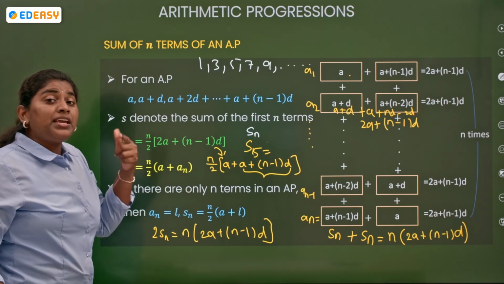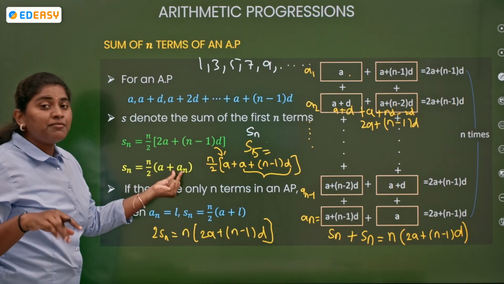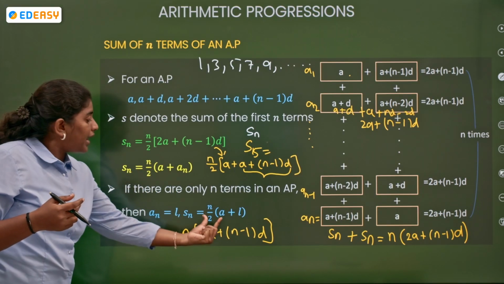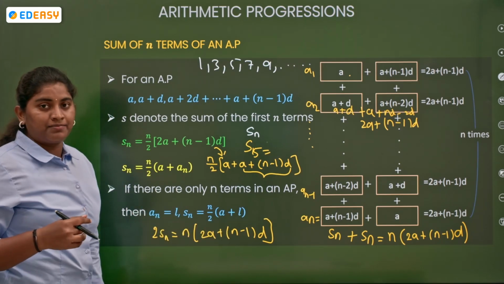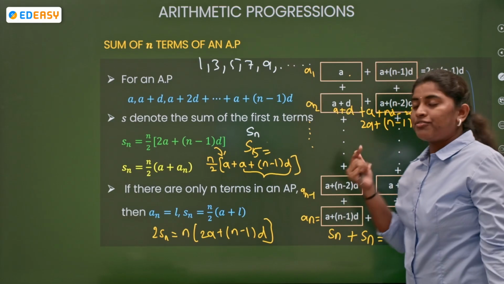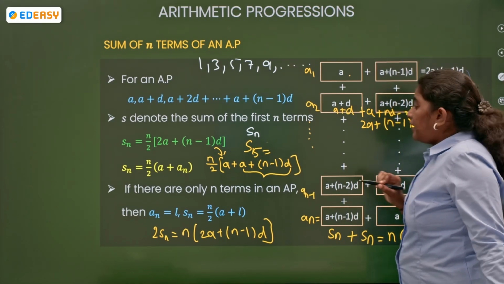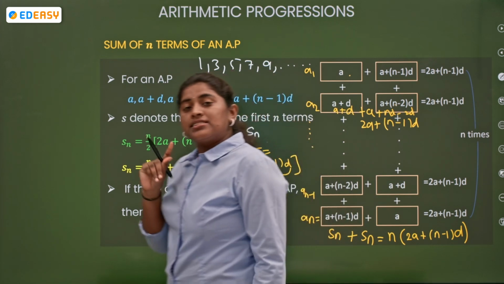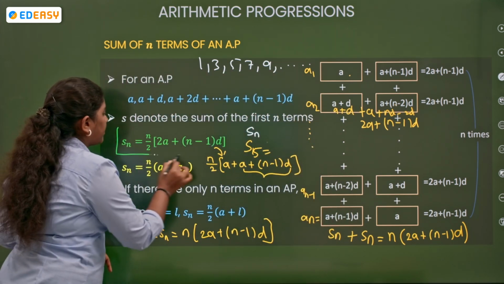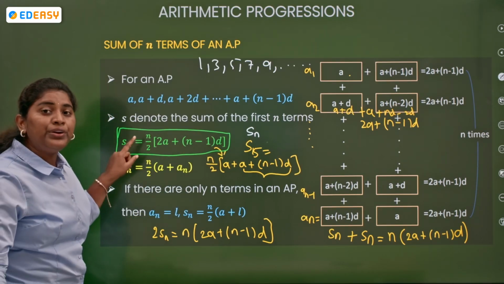If the AP has n terms, then an becomes the last term, so we can take Sn equals n by 2 into a plus l. Those two are nothing but extensions of the sum of n terms. Clear? Simply, we can say that the Sn formula is given by n by 2 into 2a plus of n minus 1 into d.